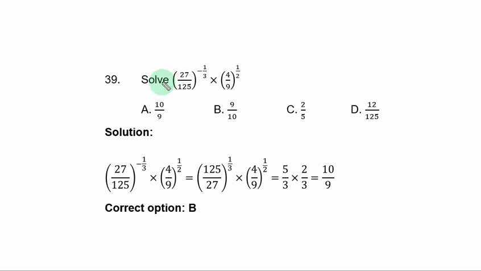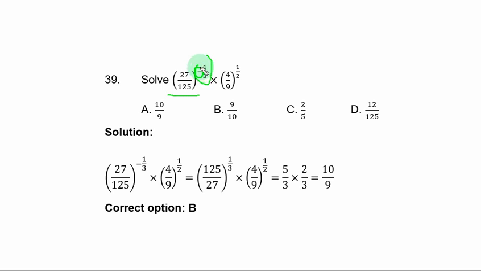Question 39. Solve 27/125 to the power of -1/3 times 4/9 to the power of 1/2. This minus sign needs to disappear.